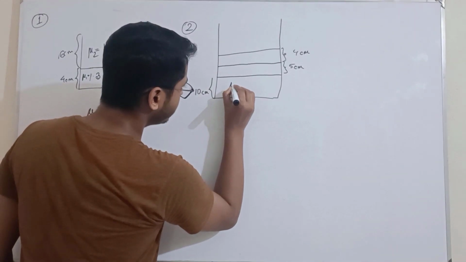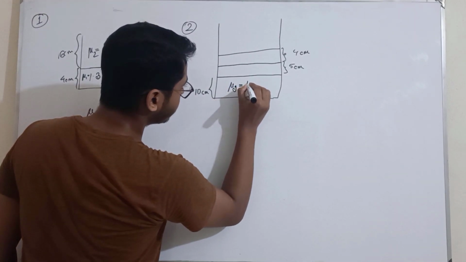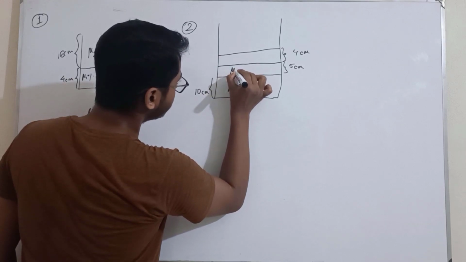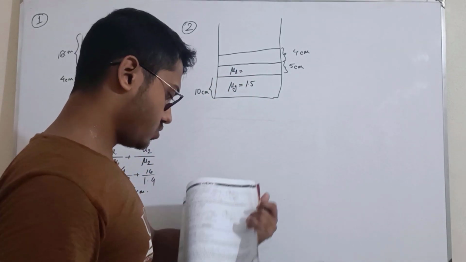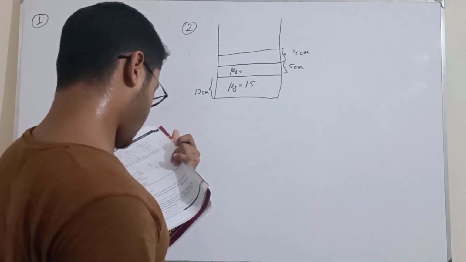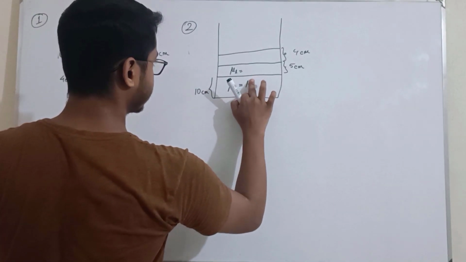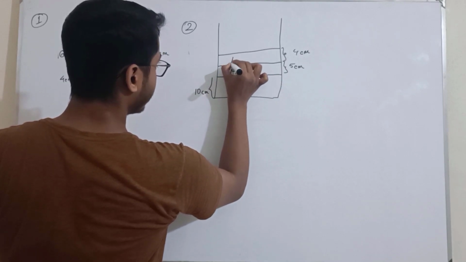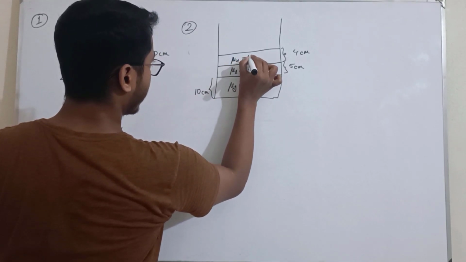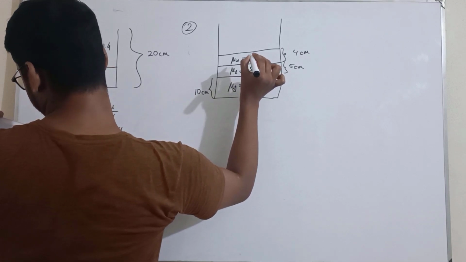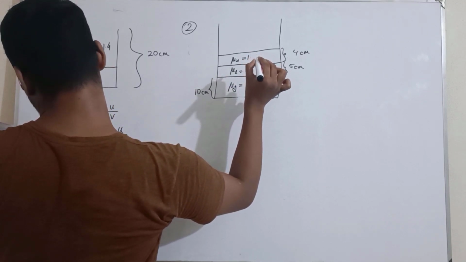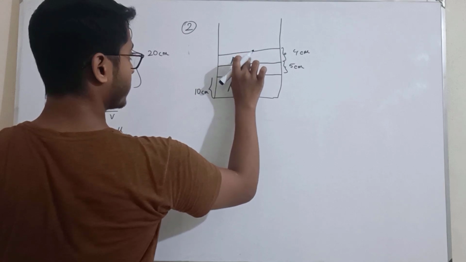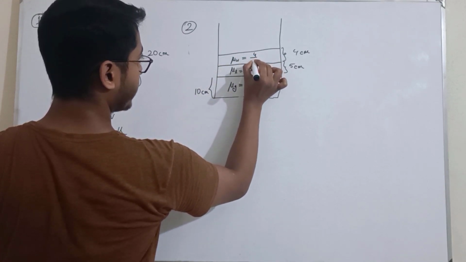So here nu glass is 1.6, nu liquid is 1.5, and nu water is 4/3. They have given it in 4/3 without giving it in decimal point.